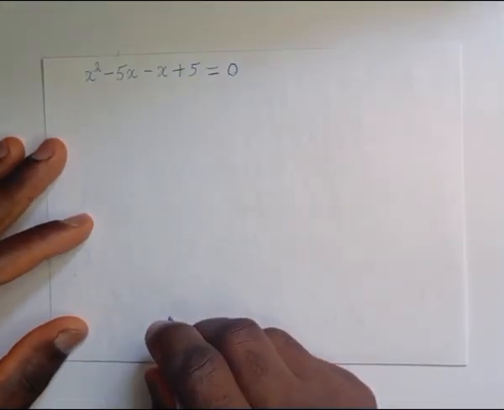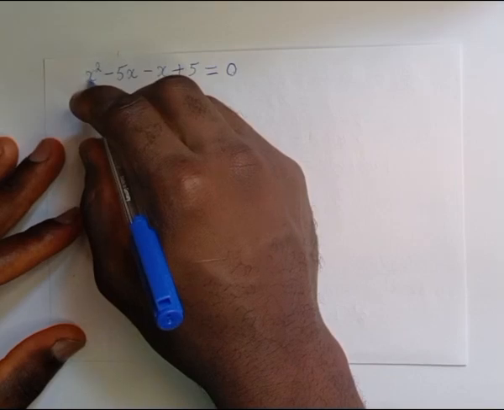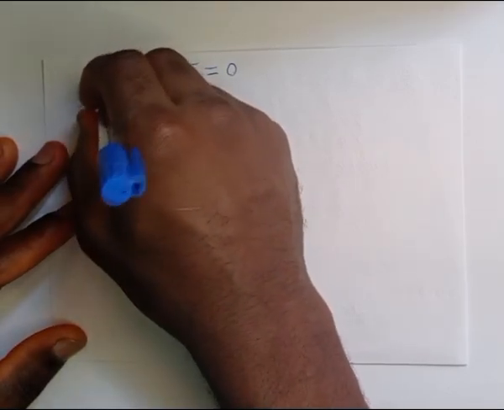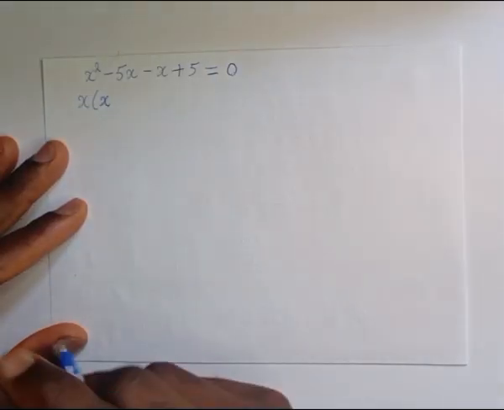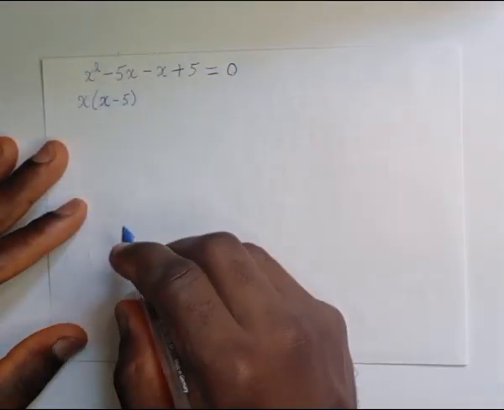We are going to take the terms in pairs and we perform factorization. If we take the first pair, x is common. We are going to factor out x. x times x gives us x squared. x times -5 gives us -5x.